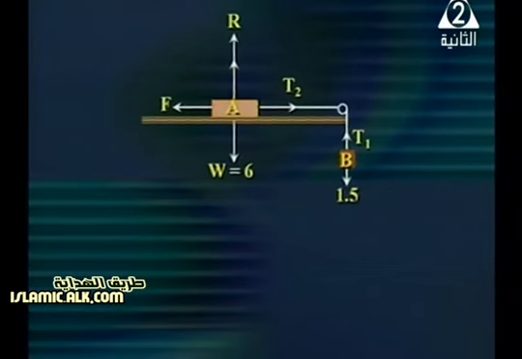Look at the solution. Dear student, we have a body A with weight 6 kg weight, and opposite it the reaction force. There is a pulley, and hanging from it by a string is body B, its weight 1.5 kg weight. Look at the two equations of equilibrium.